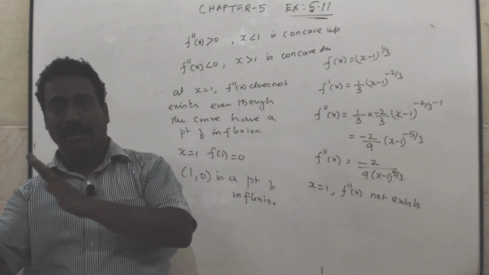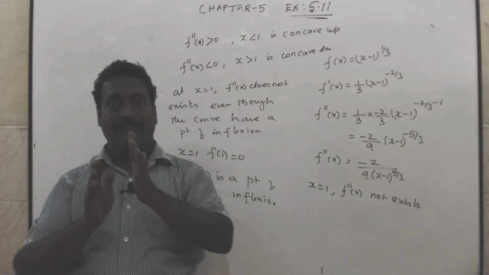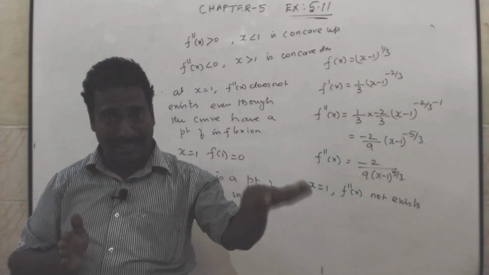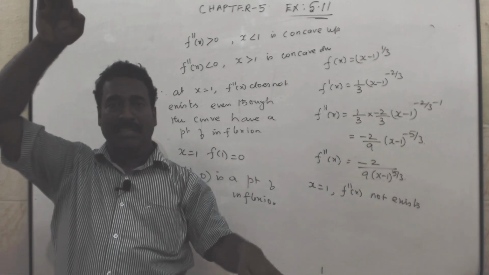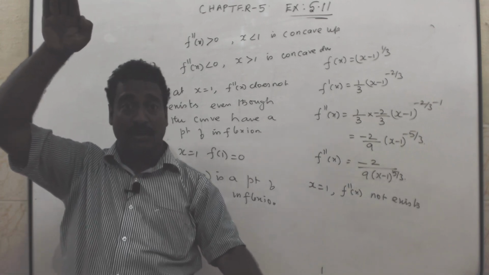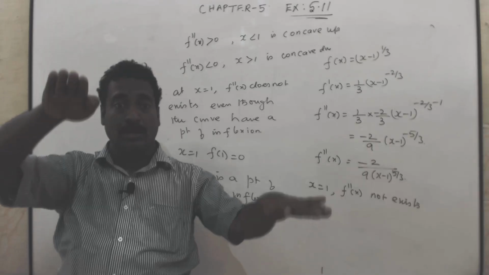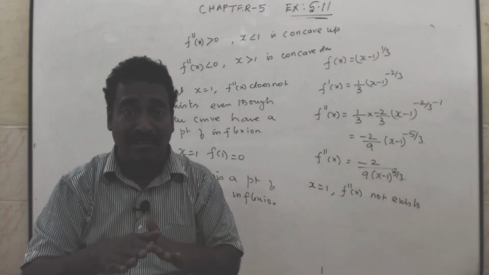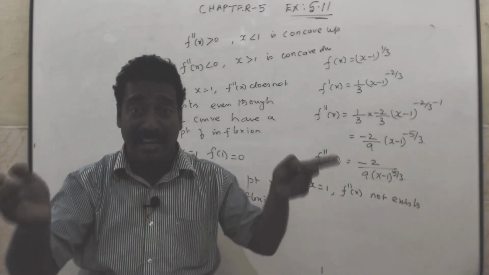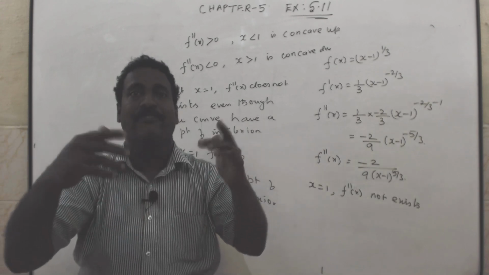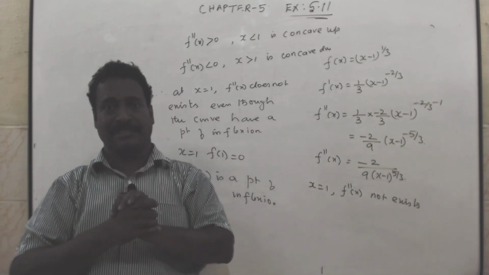When we put less than 1, f double dash is positive. When we put greater than 1, f double dash is negative. Positive means concave up, negative means concave down. There is a change there. Up to down means that the point is called a point of inflection, even though at this point f double dash does not exist.